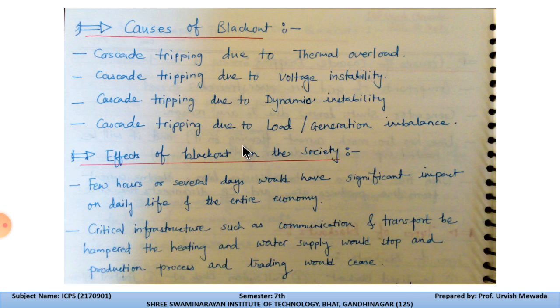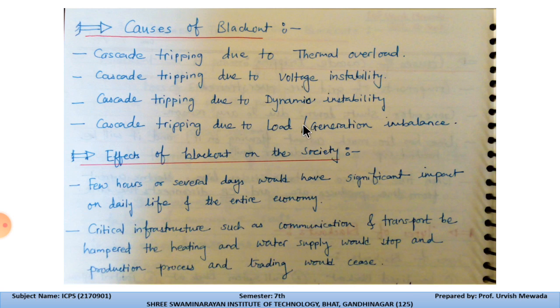That load must be driven by the local generating station, but if that local generating station is unable to serve power to that load, then it will get overstressed, and it will transfer that load to the nearby station, and due to that the nearby station will get overstressed, and cascade tripping will occur.